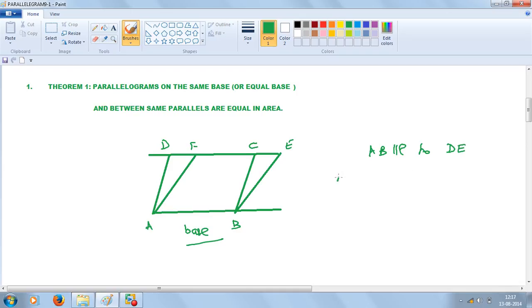Then area ABCD is equal to area ABEF. Parallelograms on the same base and between the same parallels are equal in area.